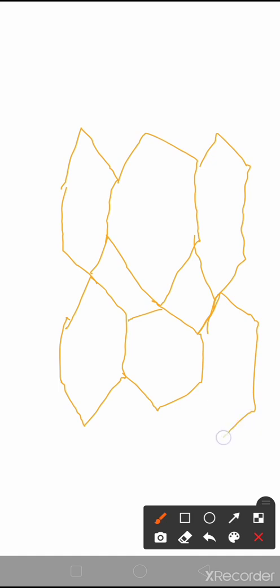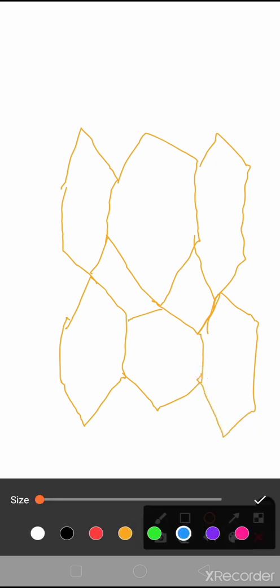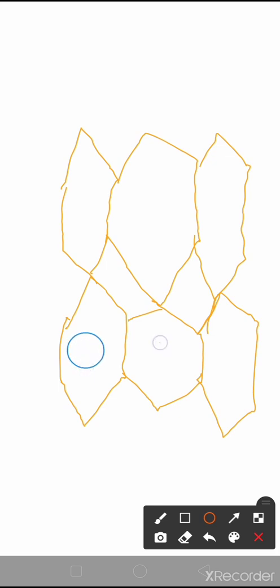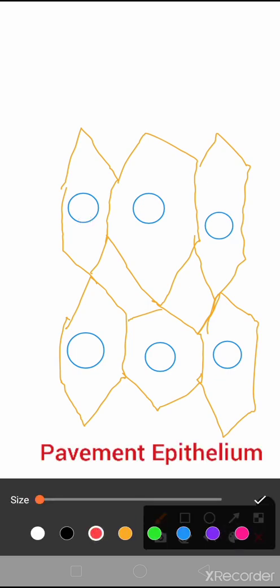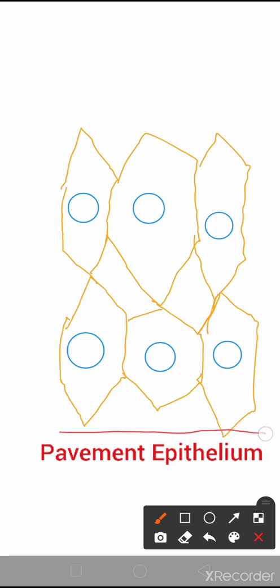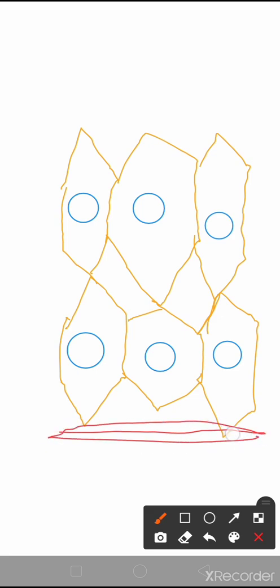And you can see that these cells are arranged like tiles on a floor, because of which it is also known as pavement epithelium or pavement epithelial tissue, and here is the non-living basement membrane.